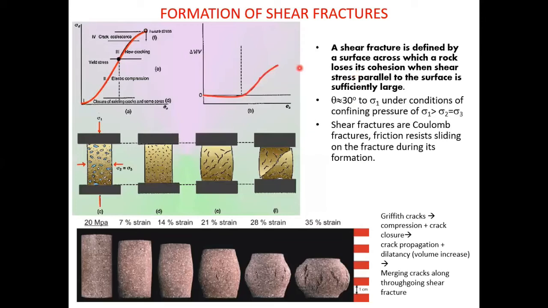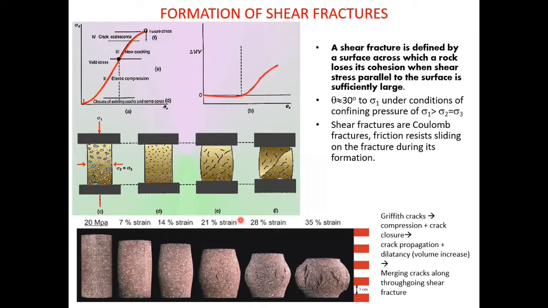Shear fracture. A shear fracture is basically defined by a surface across which a rock loses its cohesion when shear stress parallel to the surface is sufficiently large. So in this case, some higher amount of shear stress is involved in the deformation.